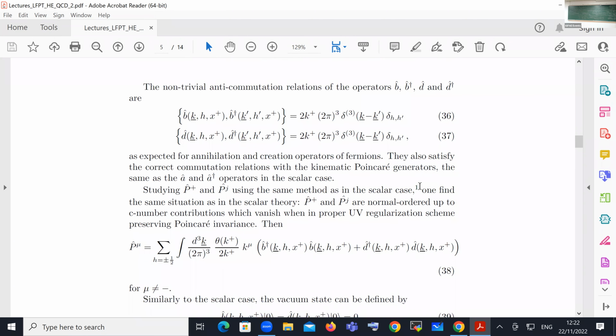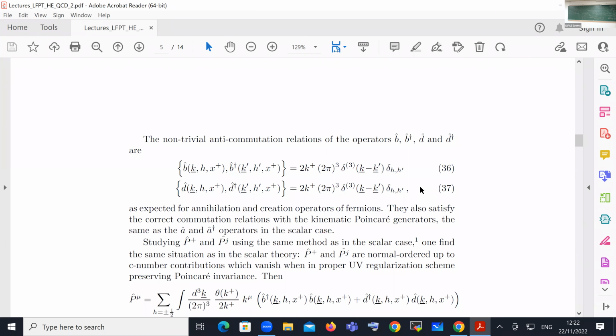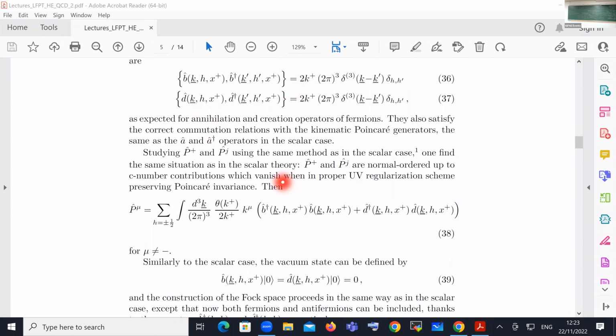Since the kinematic Poincare generators could be written only in terms of the psi_g components, we can also rewrite them entirely in terms of the b, b dagger and d, d dagger. The same thing can be done as in the scalar case: I like to study how to normal order these things and see that it will be normal ordered up to a constant which will eventually vanish if you regularize the UV properly.